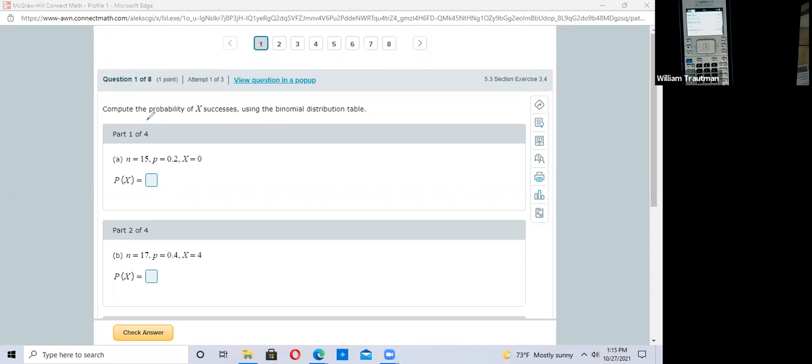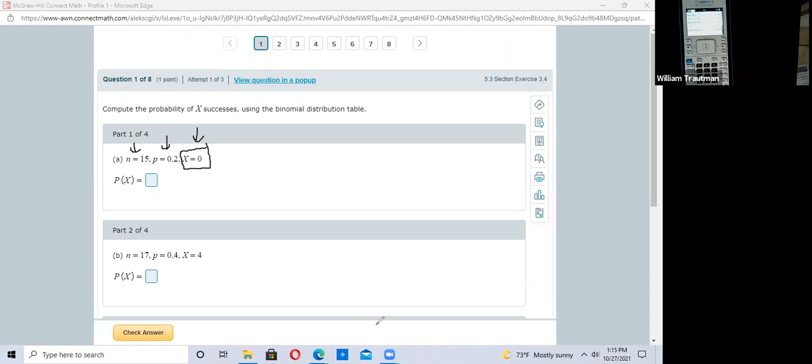Here it says compute the probability of X successes, 0 successes, and you see it's an equal sign. They give you probability and N, so we just go to our calculator. N is 15, probability is 0.2, the number of successes is 0, and it's an equal sign.